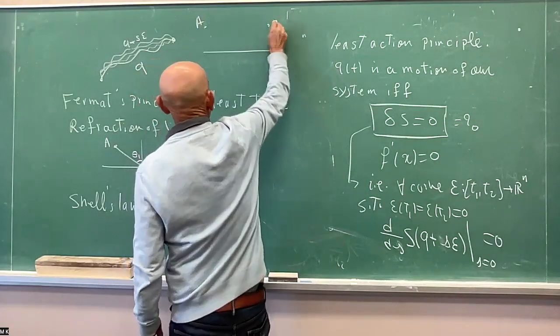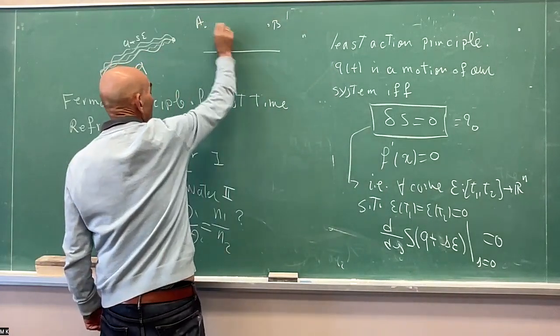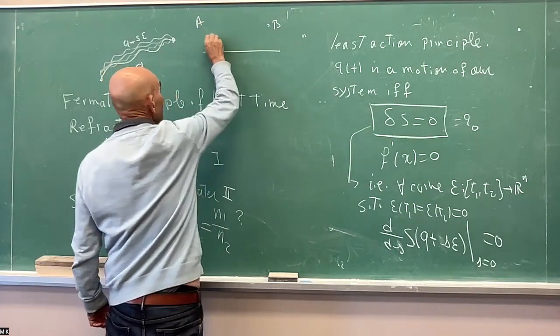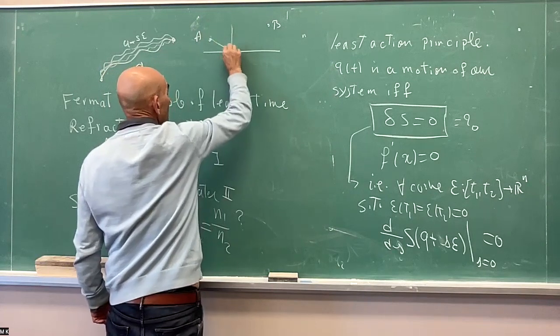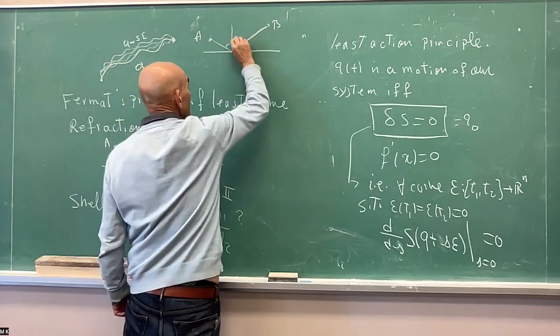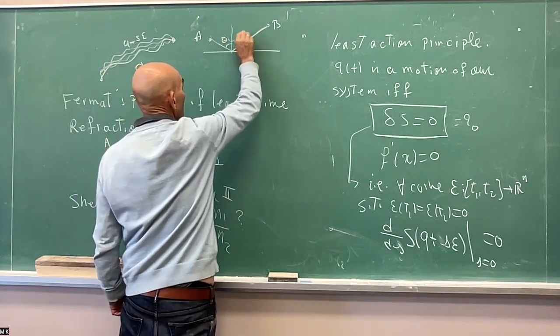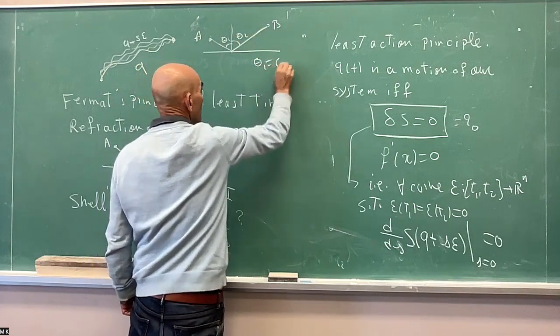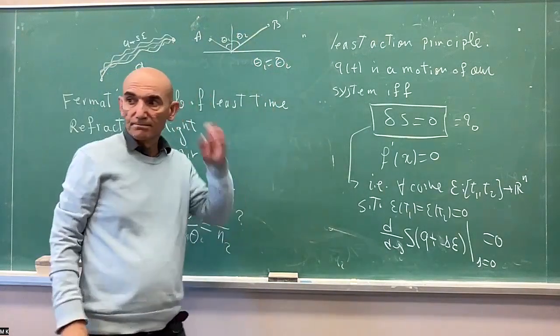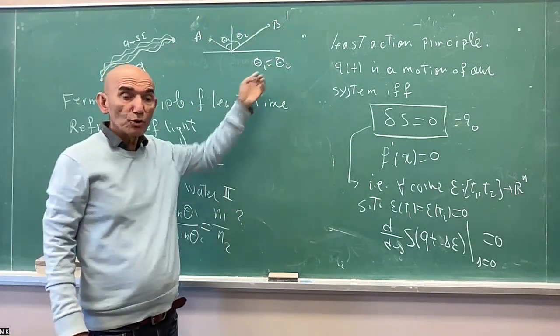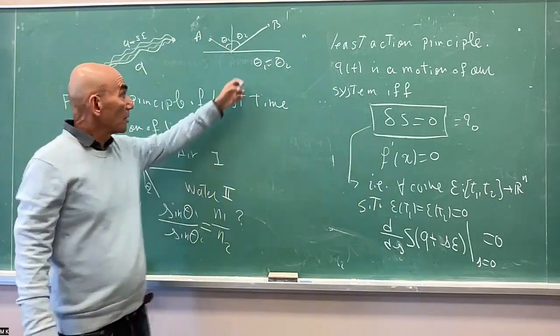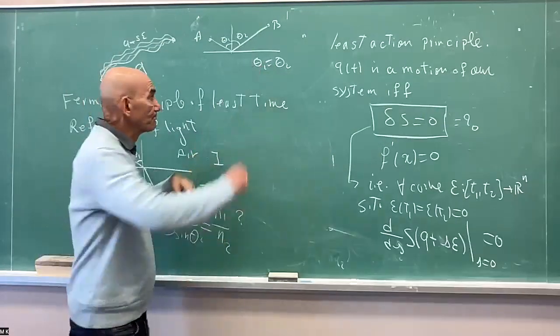For the reflection, we know that it reflects in such a way that the incidence angle is equal to the exit angle, theta 1. This is much older than Snell's law. It's called the law of reflection.